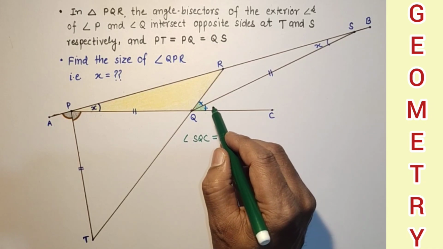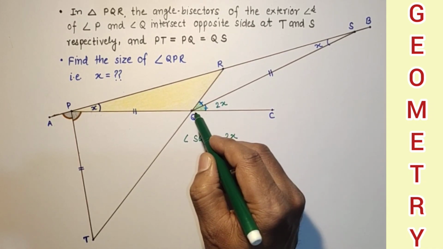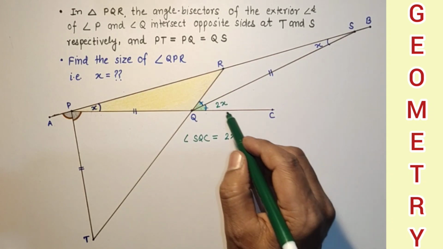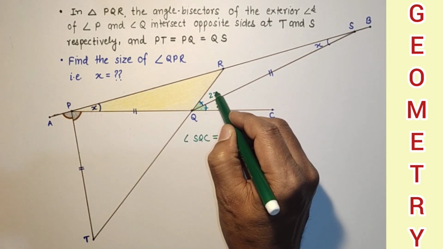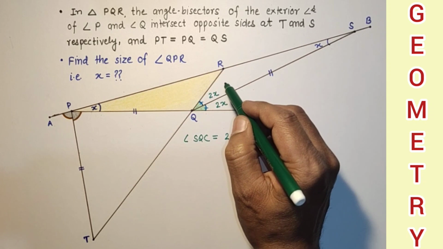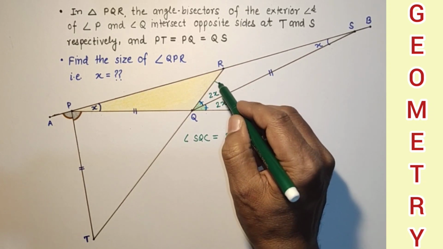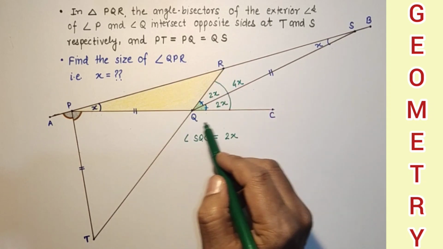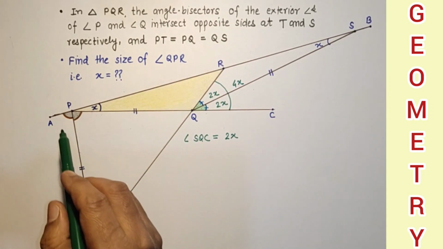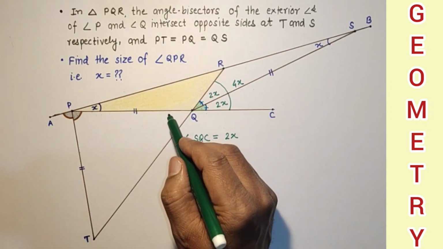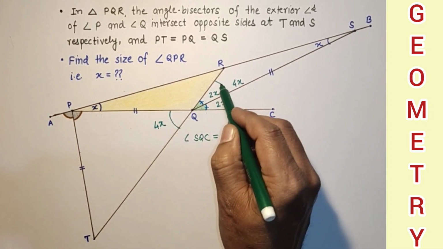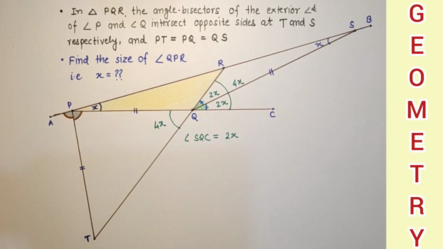Since this is 2x and this QS is bisector of angle RQC, so this will also be 2x. So this is 2x, this is 2x. This whole angle is 2x plus 2x which is 4x, and since RQC is equal to angle PQT because of vertically opposite angle, this is also 4x. These two angles are vertically opposite angles and will be equal.